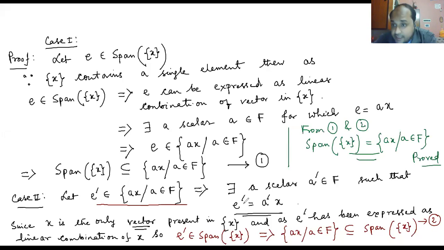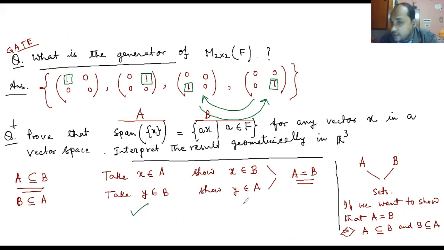So that is how you have to write the proof. Remember this result. Whenever you are talking about two sets and we want to show that the two sets are same, then we have to use this set theory result.